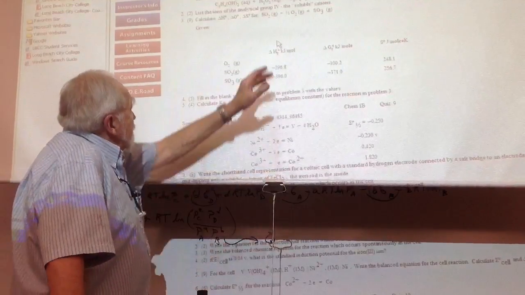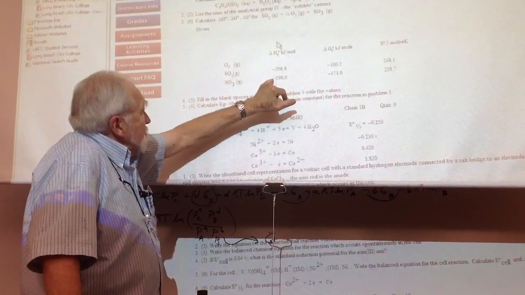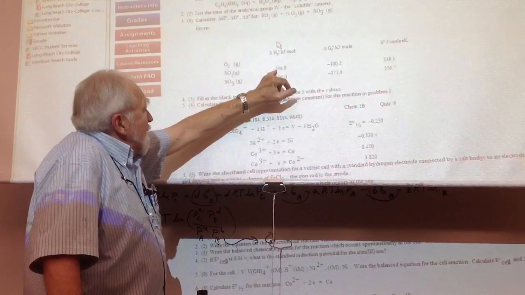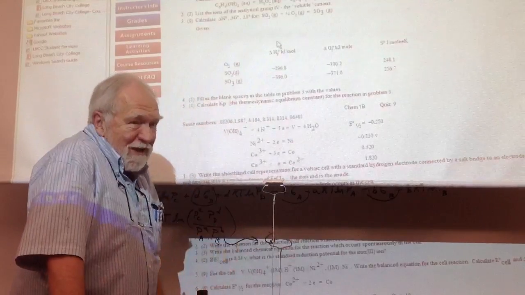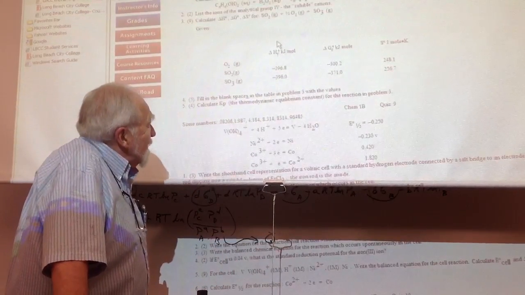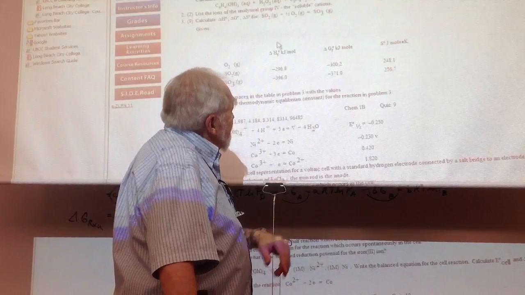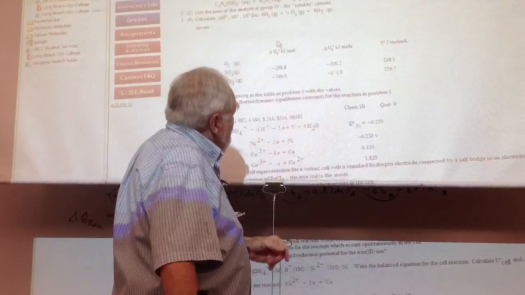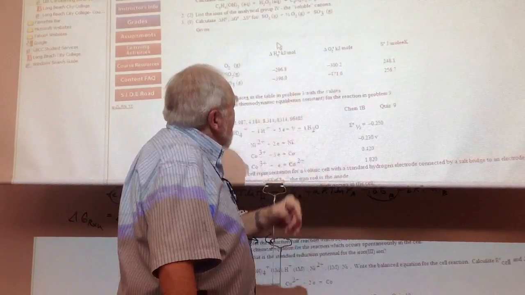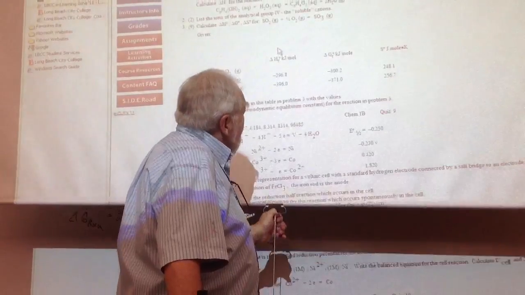If I would have made these 2, 1, and 2, then this thing would have said what? 2 times this, minus 2 times this, minus 1 times 0. Doesn't matter, it's still 0. I can calculate delta G. Okay? 1 times this, minus 1 times this, minus 0, gives me delta G. Says what's delta S?